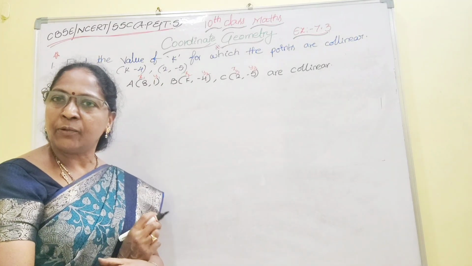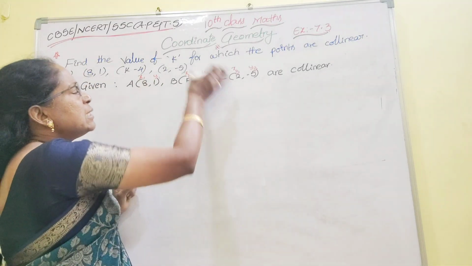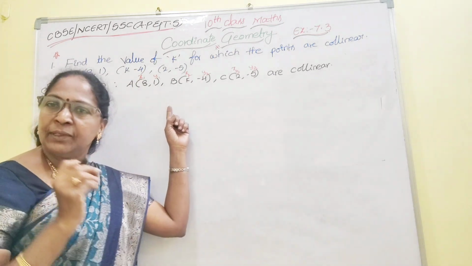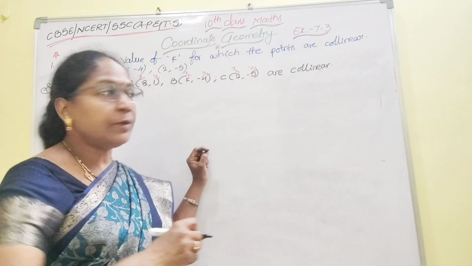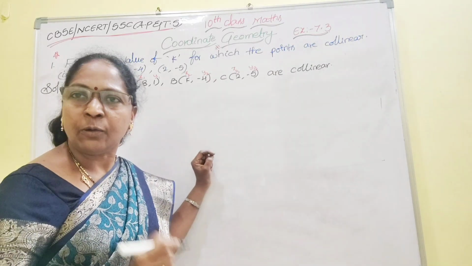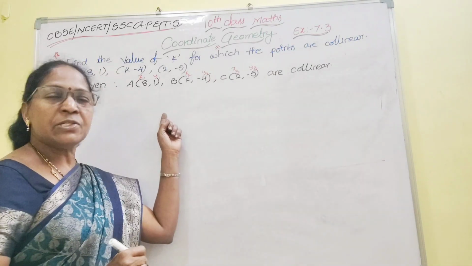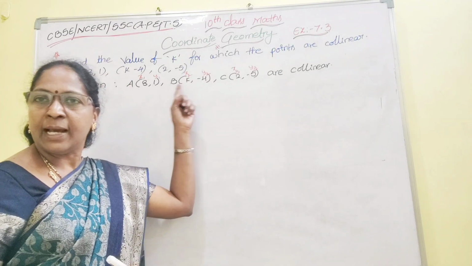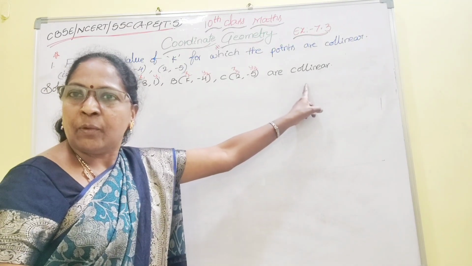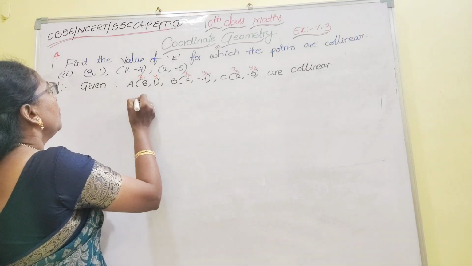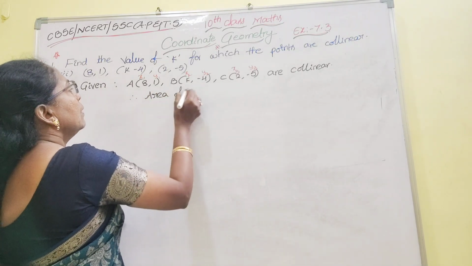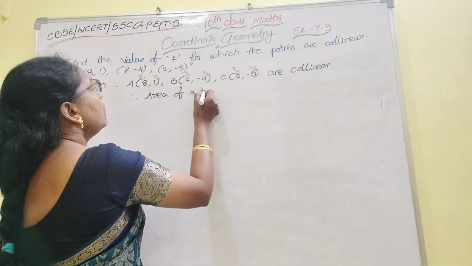When these 3 points are collinear, so when the area of the triangle equal to 0, then you can say that those 3 points are collinear points. Already mentioned, the given points are collinear. First write down: given A, B and C are collinear points. Therefore, area of a triangle equal to 0.